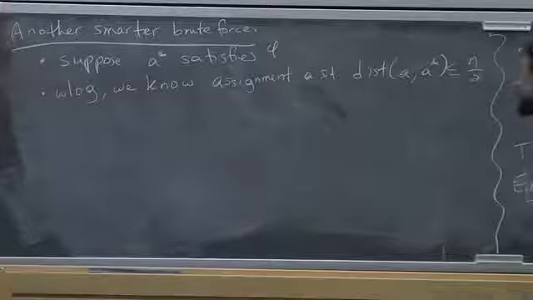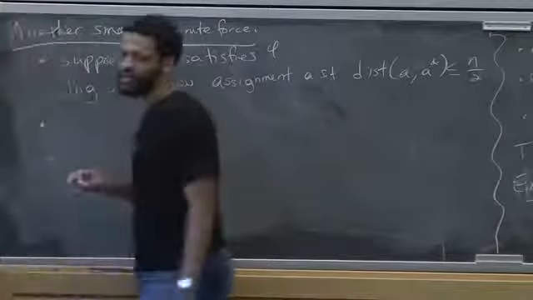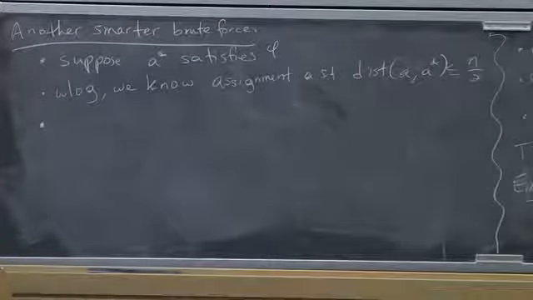So we're going to try and fix this. We know that we're only off on n over 2 variables, but we don't know which ones they are. But we're going to try and fix those n over 2 variables.